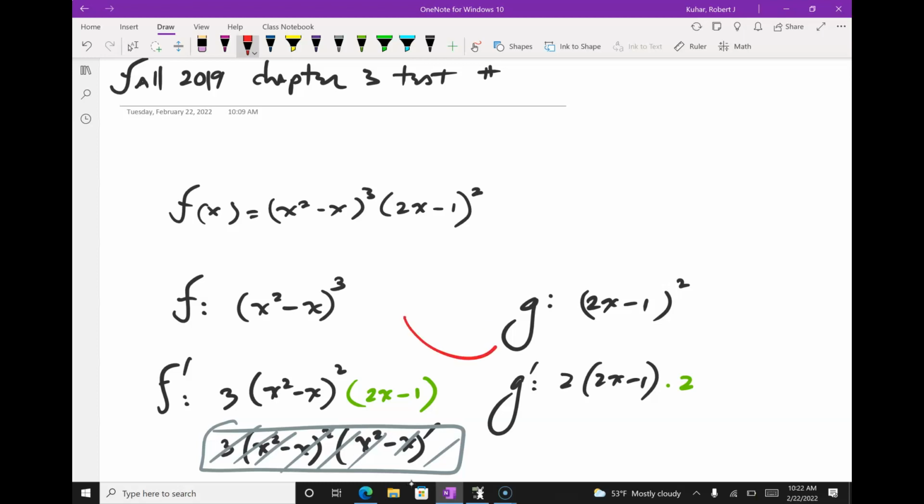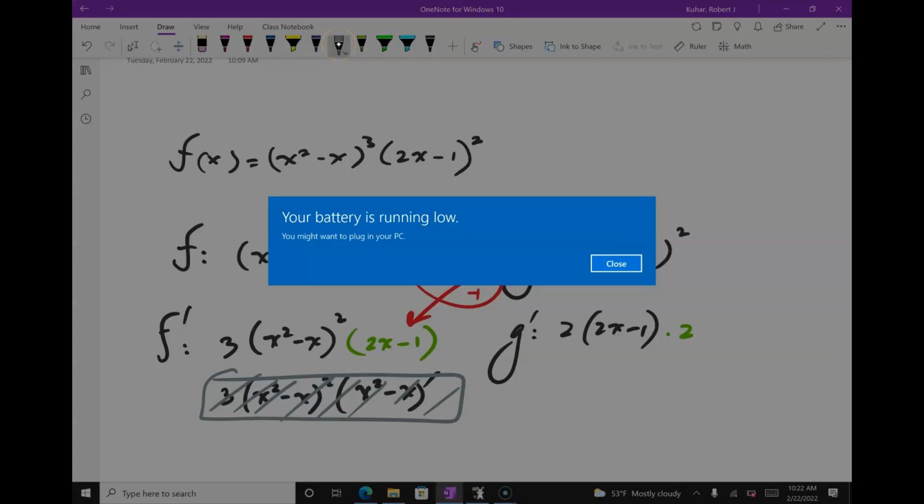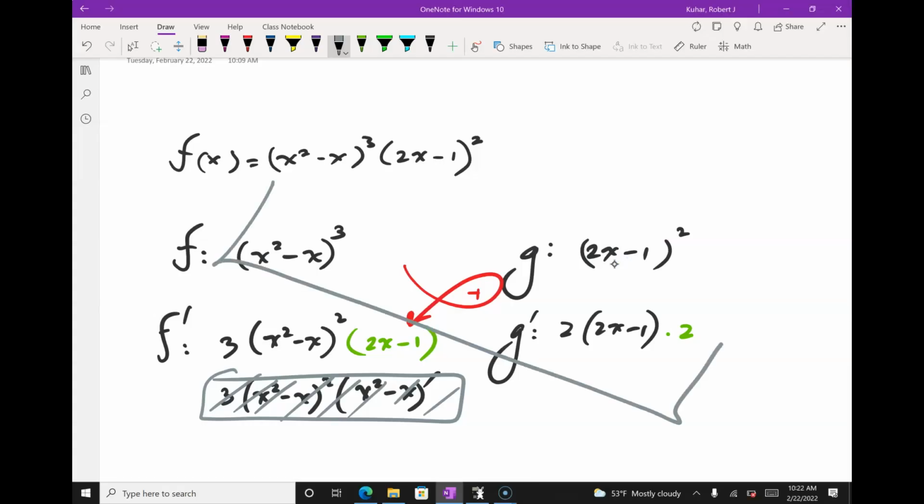I'm going to do this product rule, right? And I'm going to put things in order as I go, okay? So if you see, I'm going to take this product first. But I'm going to pick things in a specific order so that I keep coefficients and matching factors kind of lined up, okay?